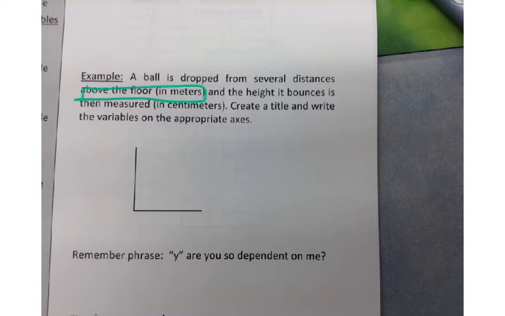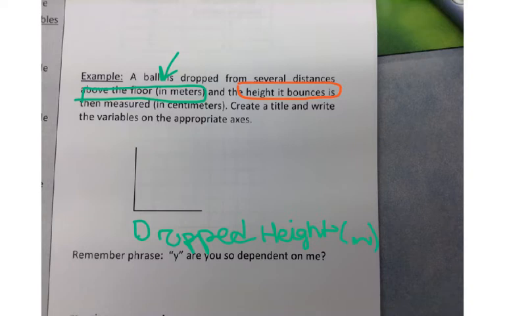And what changed because of that? The height the ball bounced. Okay, so I am going to put them on their correct axes so that what I directly changed would be your independent variable. So I'm going to write dropped height down here. Once again, you need units, so it's going to be meters.